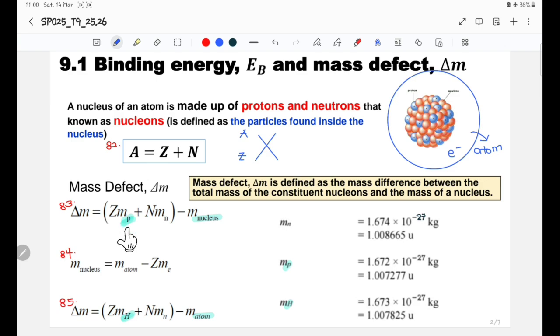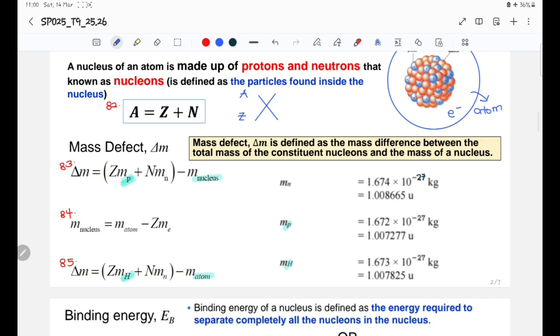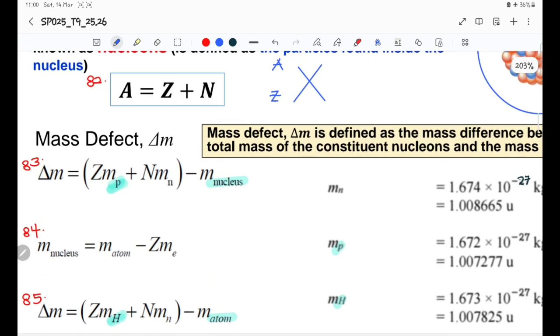Okay, so we have equations 83 and 85, where we have delta M, the mass defect, equals ZMP plus NMN minus M nucleus. Or we can also use equation 85, where we have delta M, mass defect, equals ZMH plus NMN minus mass atom. Okay, so here I specifically highlighted the difference between equation 83 and 85, where in 83 we use the nucleus mass, and in 85 we use the atomic mass.